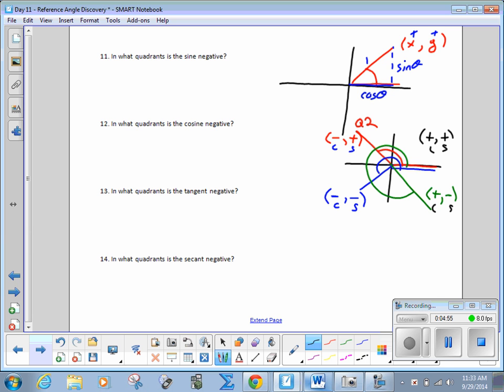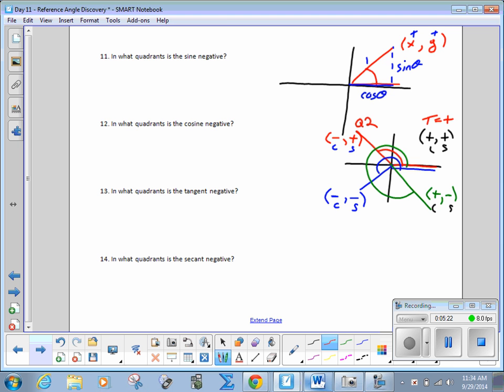Okay? So now let's do our tangents. Now remember, the tangent is the opposite over the adjacent, or the y over the x, or the sine over the cosine. So let's start thinking about where the tangent is positive. So we're going to look at y divided by x, or sine divided by cosine. A positive divided by a positive is positive, so the tangent's positive in the first quadrant.